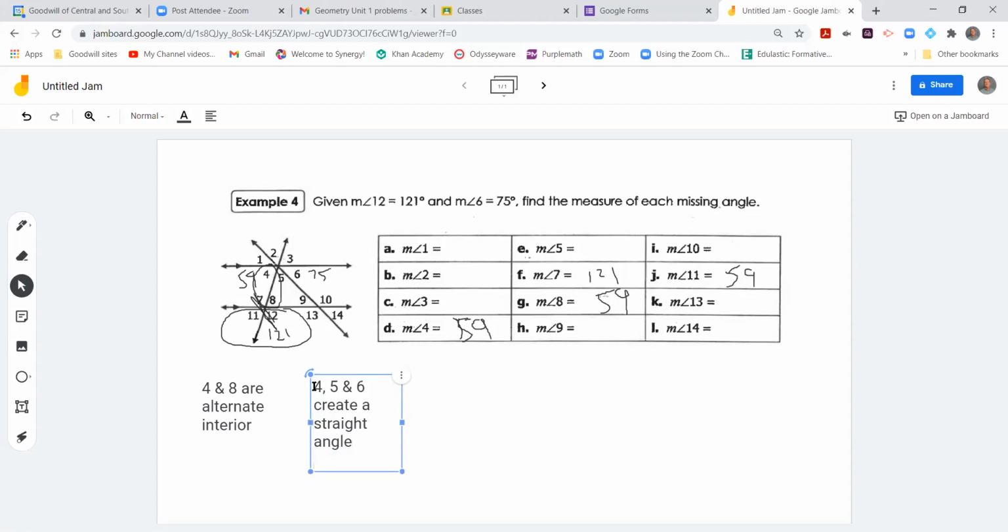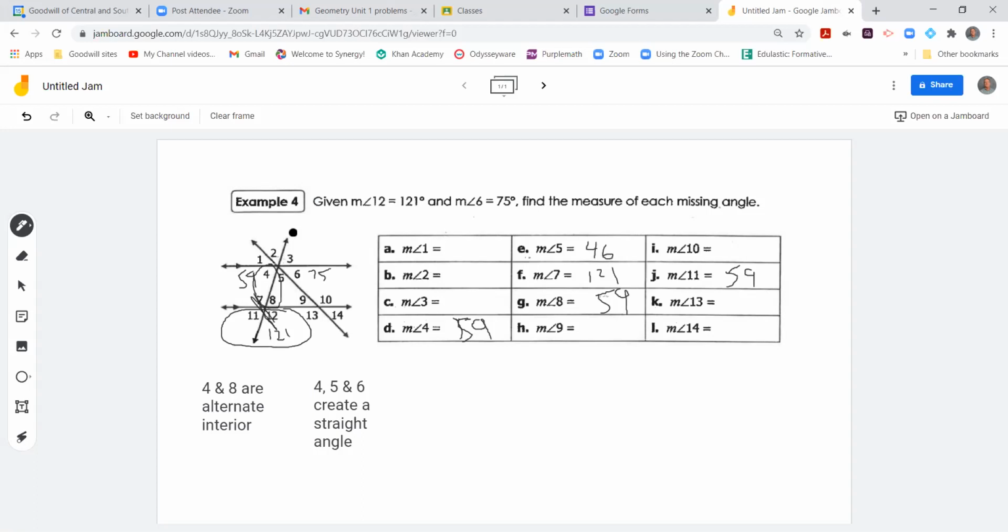Creates that other line. Right? So 59 plus 75 is 134. 180 minus 134 is 46. Okay. So now I figured out angle 5 is 46 degrees.